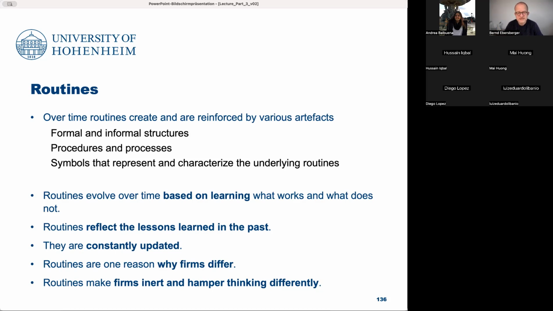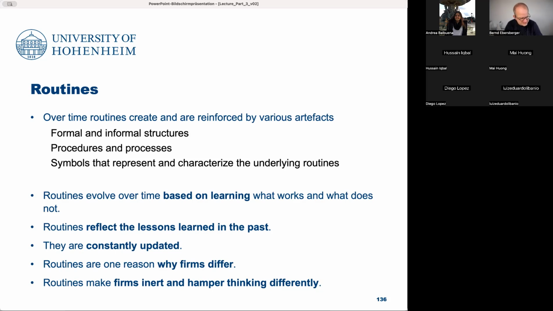They work differently. There are different ways of doing things. And so it may be a reason for firm level heterogeneity may be found in routines.